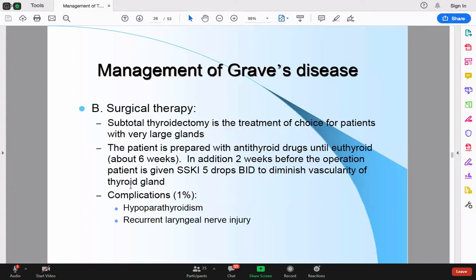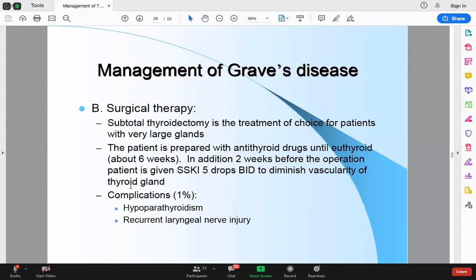Surgical therapy, well, you always can have the option to do a subtotal thyroidectomy, but be mindful that we always give them anti-thyroid drugs till the thyroid becomes euthyroid. We don't want to operate in people with hyperthyroidism.